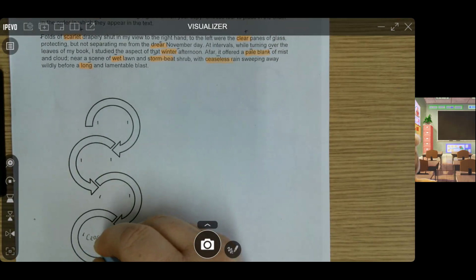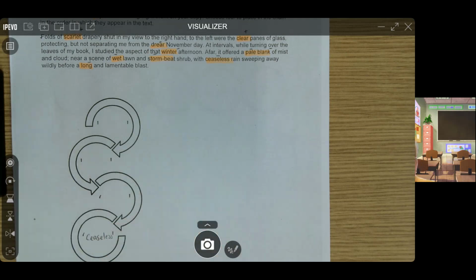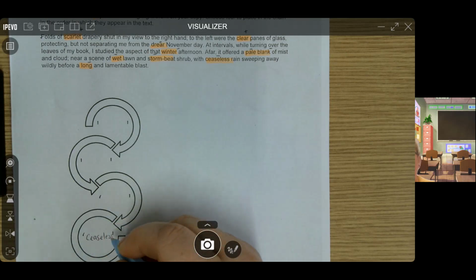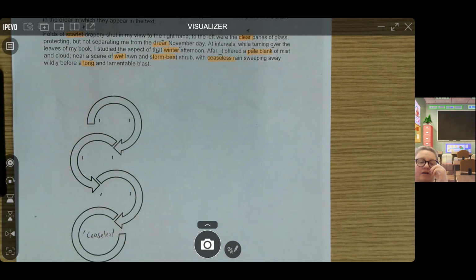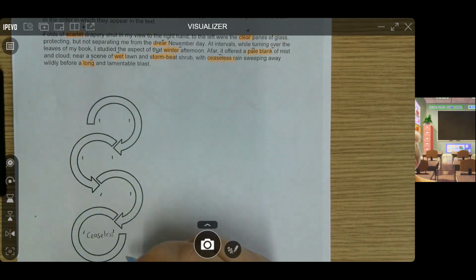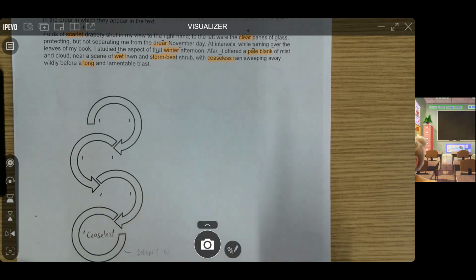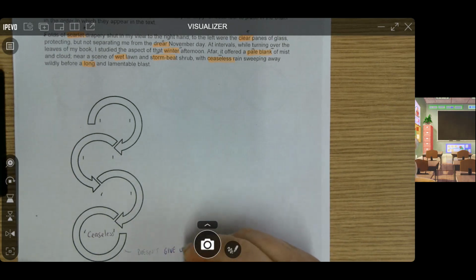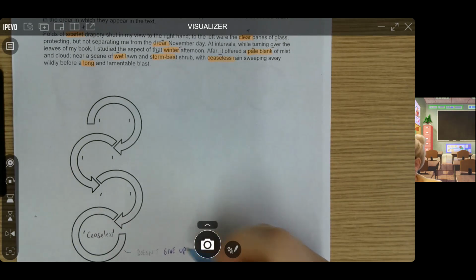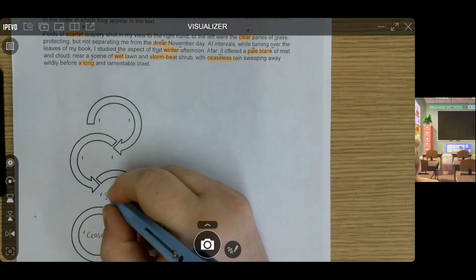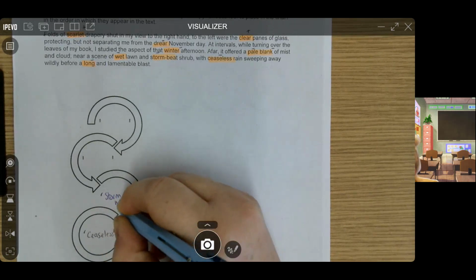Well, I'm going to start with ceaseless. I think that that's a powerful adjective. And what I need to think about are the connotations of that word ceaseless. For me, that means that something doesn't give up. I'm also going to go for storm beat.